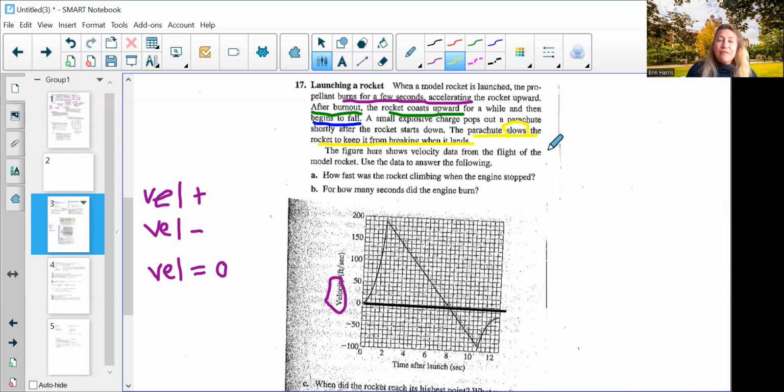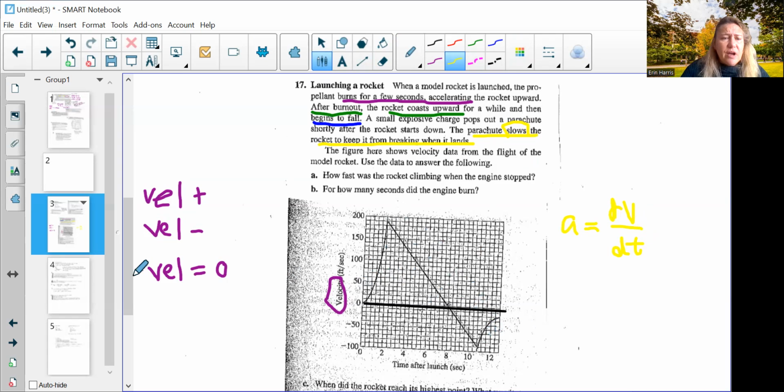Now we have to remember that when we're talking about acceleration, acceleration is the derivative of velocity. So a equals dv/dt, the derivative of velocity. And we're looking at a velocity graph. And so if I went along there and put tangent lines along there and looked at their slope, I'd be finding acceleration.